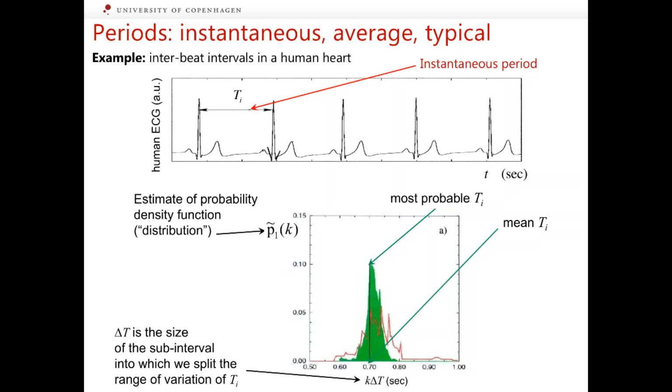In the second case, illustrated with a red curve, the most probable period corresponds to the highest of all peaks in the distribution and is shifted to the right as compared to the first state. With this, the mean period remains almost unchanged and does not coincide with the typical period.